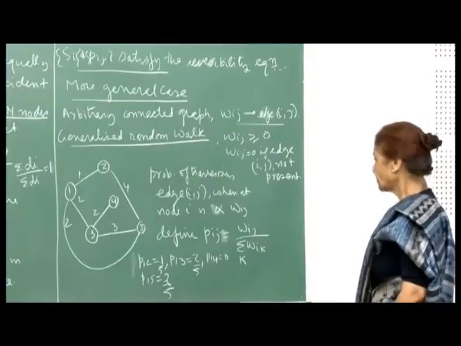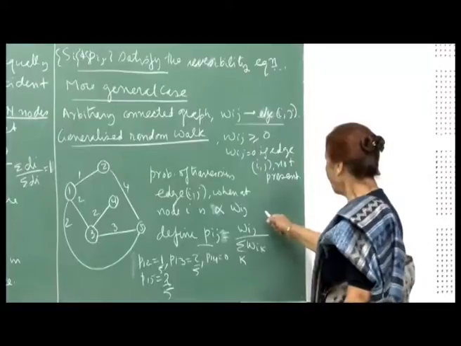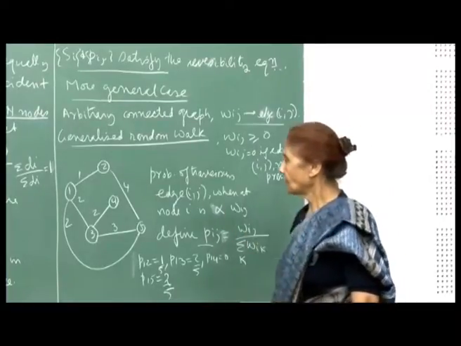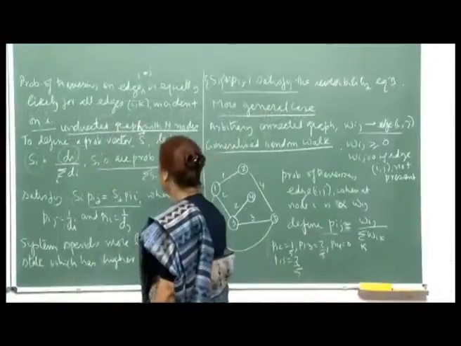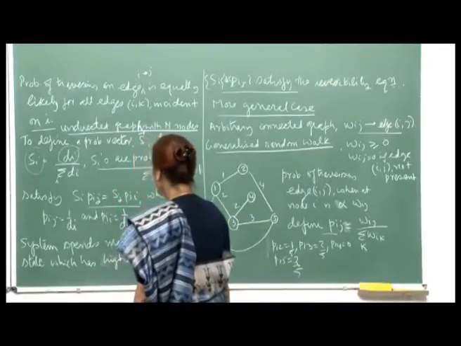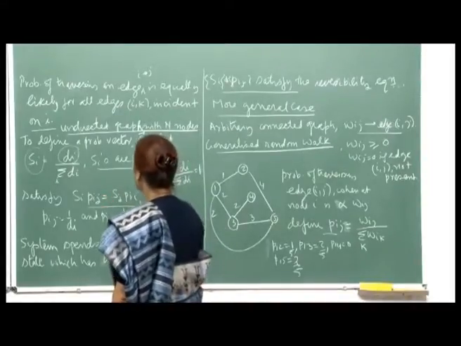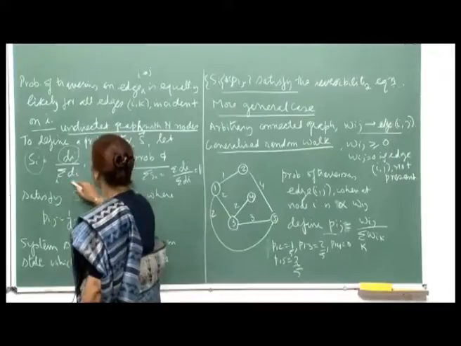Now, so I do this, I define P i j as w i j upon, one more thing I should have spelled out here, that in the random walk case, you see what is happening is that your probabilities, your S i's, the state probabilities are being defined by this, right.